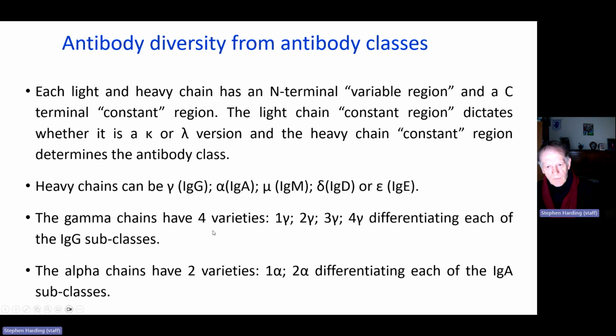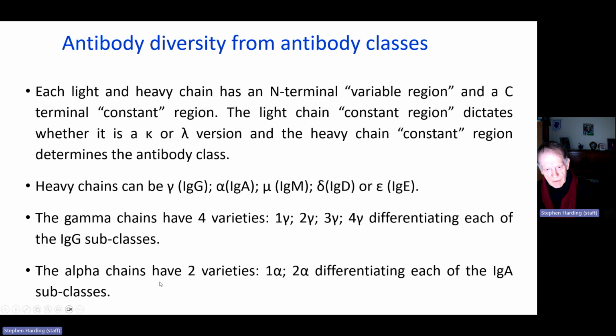And the gamma chains have 4 varieties: 1 gamma, IgG1, 2 gamma, IgG2, 3 gamma, IgG3, 4 gamma, IgG4, differentiating each of the IgG subclasses.